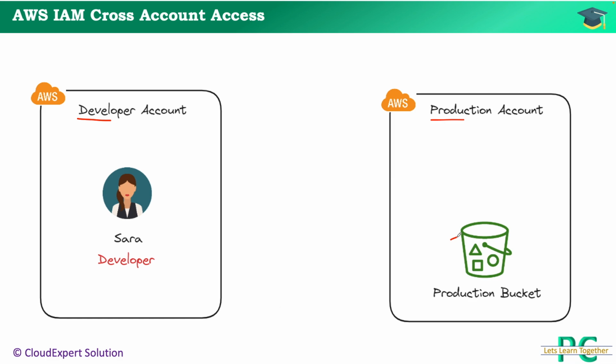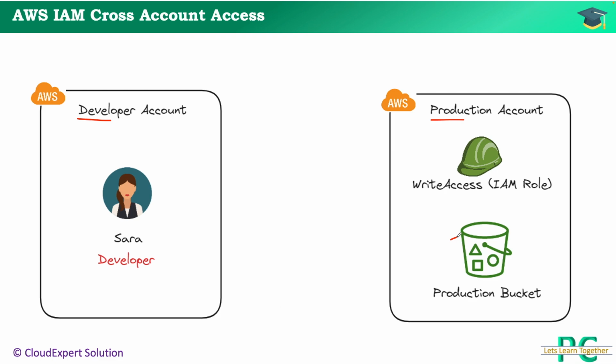And this is a maintenance nightmare. That is why AWS comes with a better alternative called cross account access. Now let's try to understand how cross account access works and how Sarah can get access to the production bucket without having a dedicated user in the production AWS account.